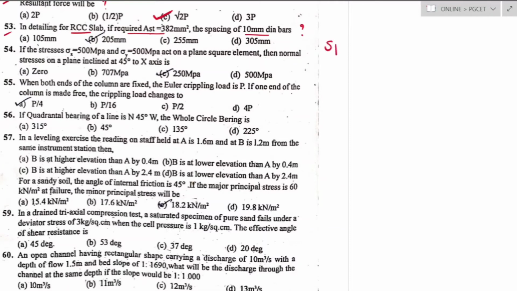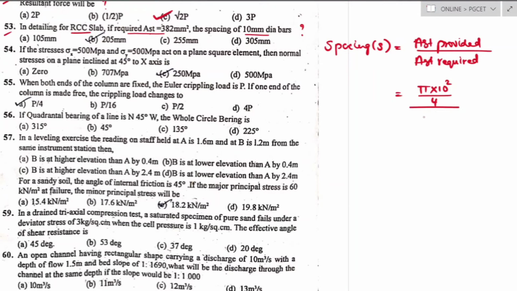For spacing calculation, we use the formula: spacing S is equal to AST provided by AST required. AST provided for 10 mm dia bars is pi times 10 square by 4, divided by AST required, 382 mm square. If you calculate this, you will get the spacing as 205 mm. So option B is the right answer, 205 mm.